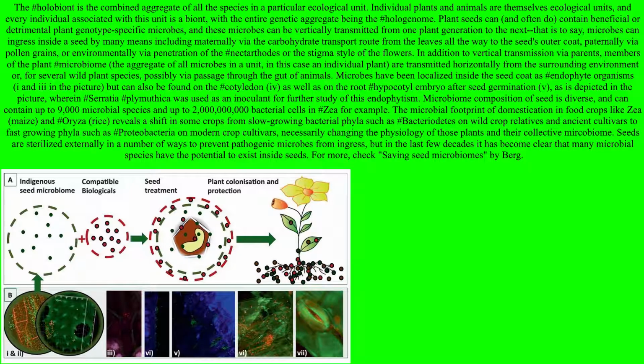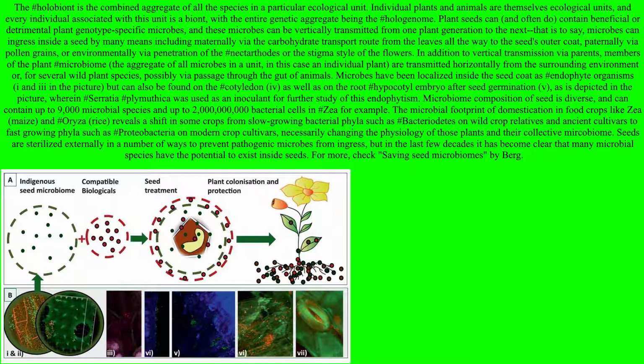In addition to vertical transmission via parents, members of the plant microbiome, which has been hashtagged, the aggregate of all microbes in a unit, in this case an individual plant, are transmitted horizontally from the surrounding environment. So horizontal transmission is from peer to peer, from plant to plant.